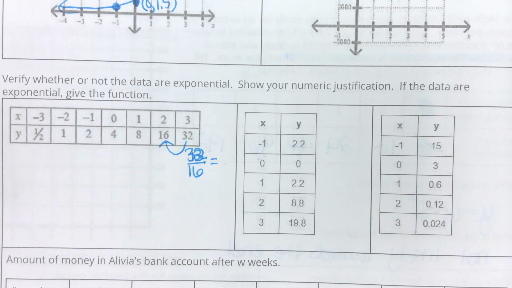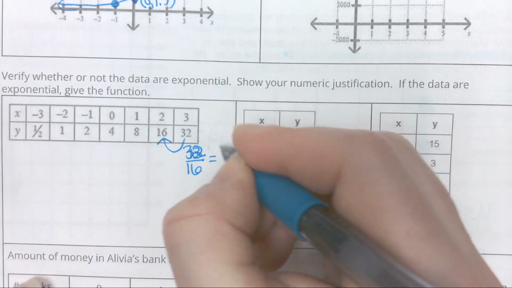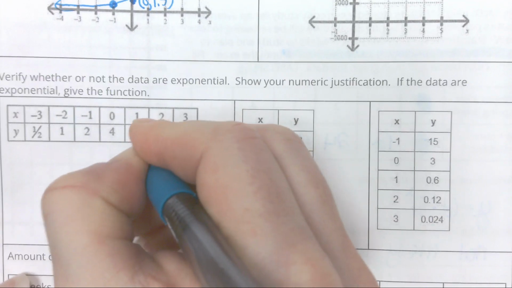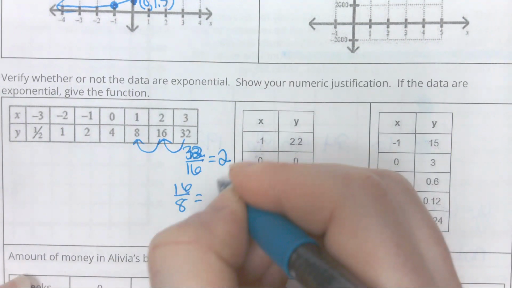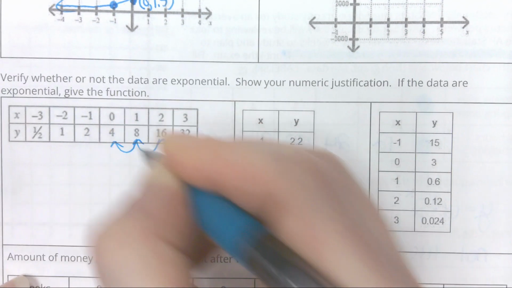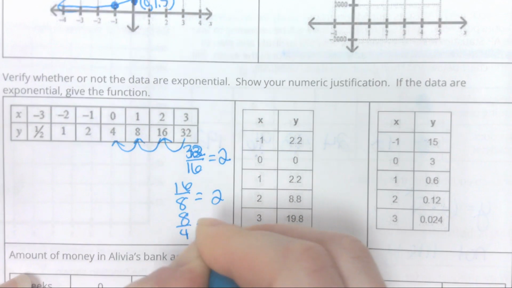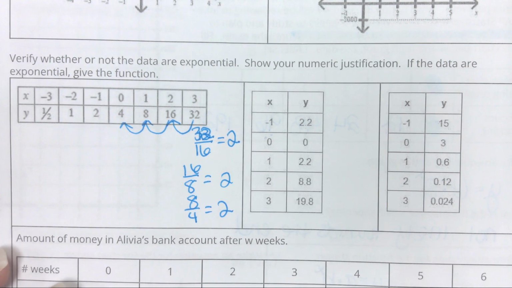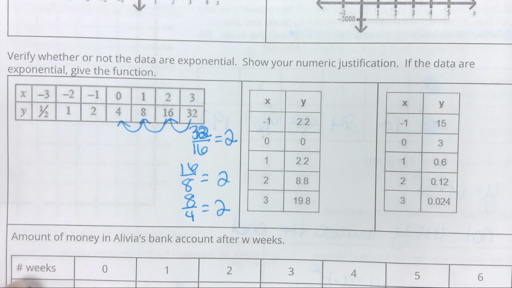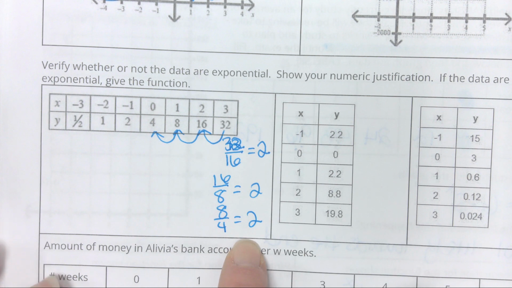32 divided by 16. Do that for me, please. It's 2. All right. 16 divided by 8. 2. 8 divided by 4. Cool. Are they all 2 when you divide them? Yes. Okay. Well, that's my justification.